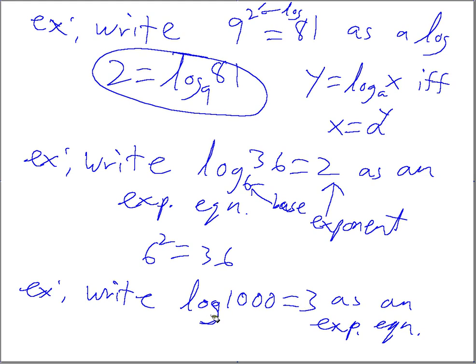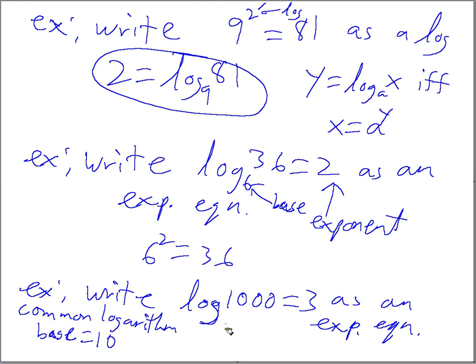Now, if there's no base written, the implication is the base is going to be 10. This is called a common logarithm. The base is equal to 10 in this case.